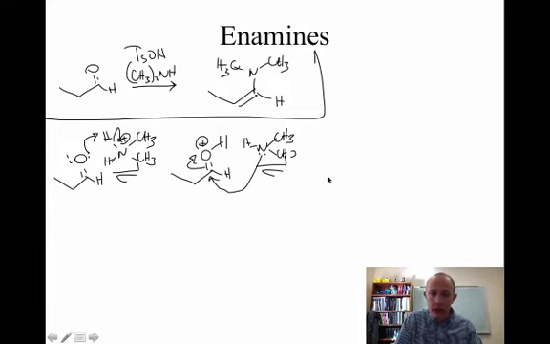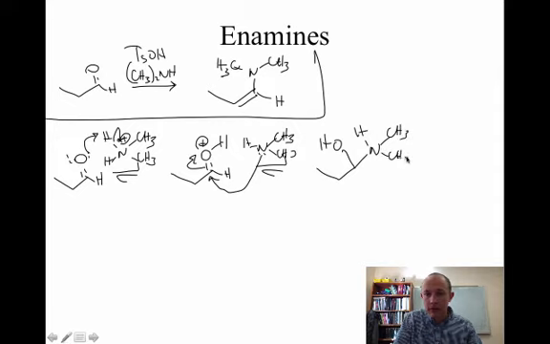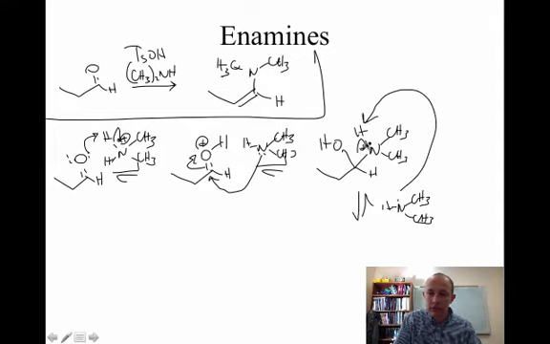We break our pi bond, we get this tetrahedral intermediate, right? And we have nitrogen and hydrogen and methyl and hydrogen, and then we do a proton transfer to dimethylamine to neutralize that charge. So we get to our same hemiaminal intermediate, we have two methyls on there and a hydrogen.